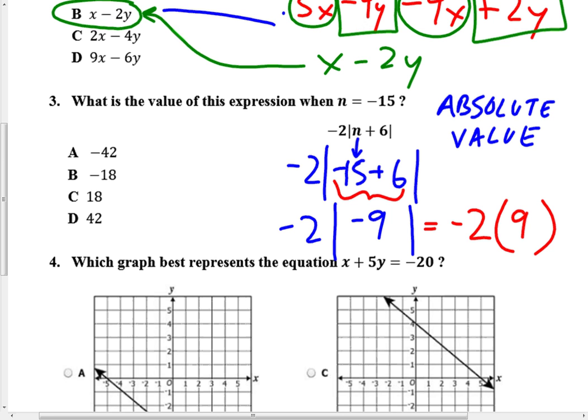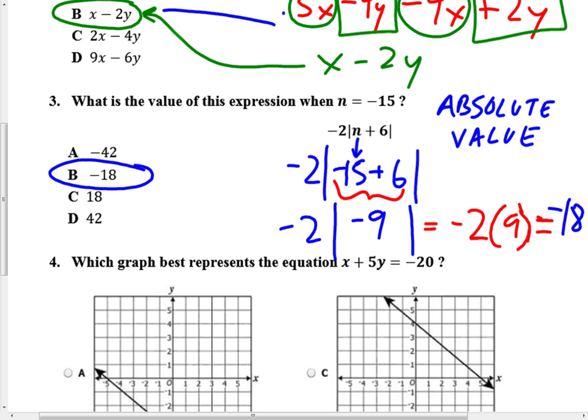All you're doing is changing it to its positive, but you can't do that at the beginning. I saw some people change that to a positive. You got to wait until you're down to just one number. What's negative 2 times 9? Write that in blue. Negative 18.